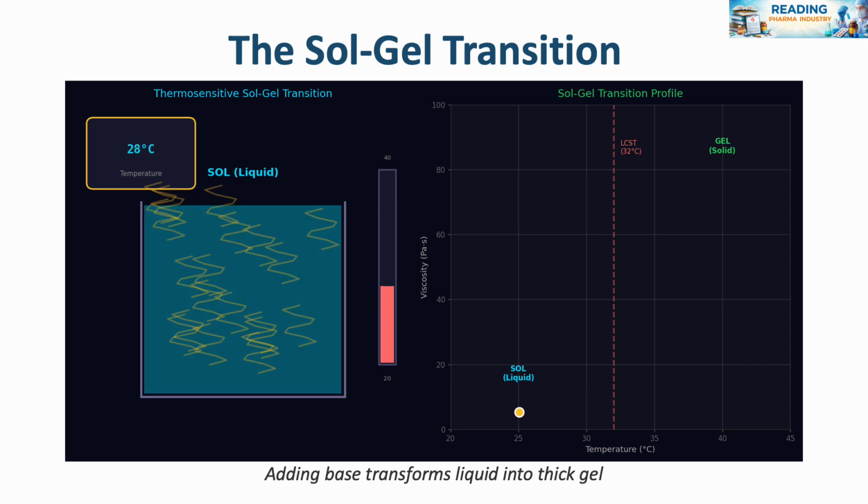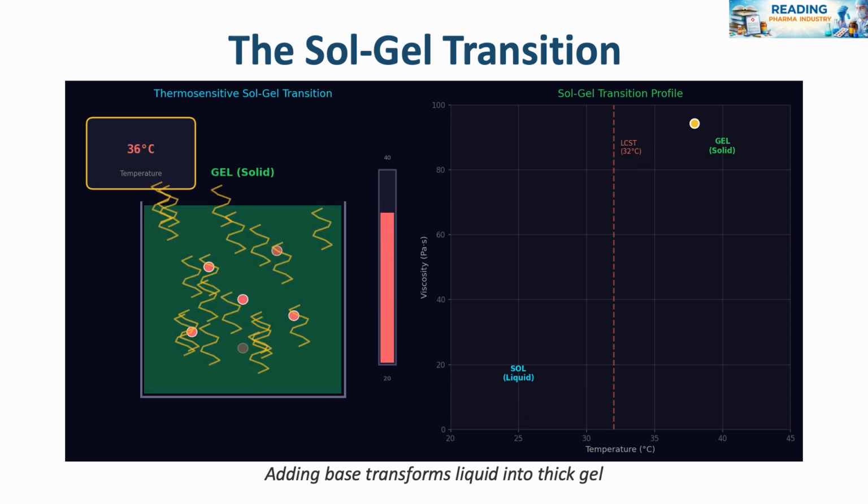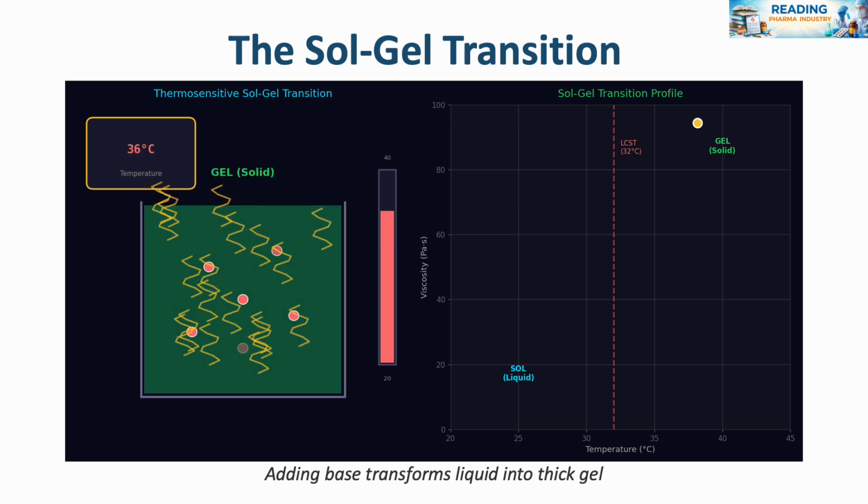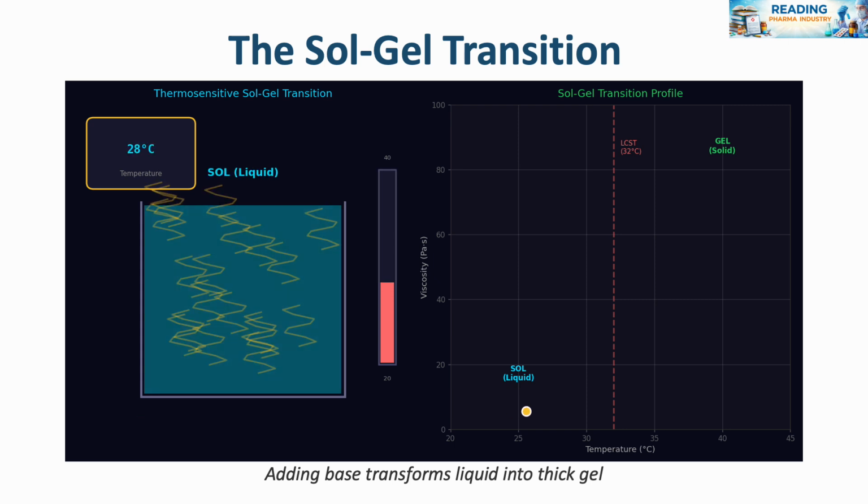In some kinds of polymers, we can witness something called sol-gel transition, and this is common in some non-ionic surfactants such as poloxamers. What happens here is at a low temperature, there is enough hydrogen bonding between the polymer chains and the water molecules.